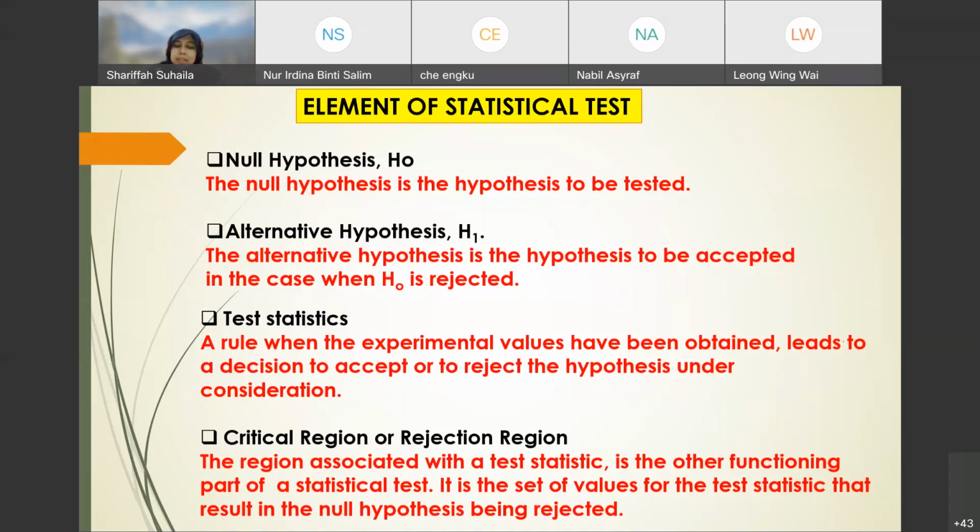So the region associated with the test statistic is the other important part of a statistical test. It is the set of values for the test statistic that result in the null hypothesis being rejected. Okay, satu lagi kita ada critical value lah. For example, let's say if you conduct a Z test, you have Z 0.05, for example, from your stats table.